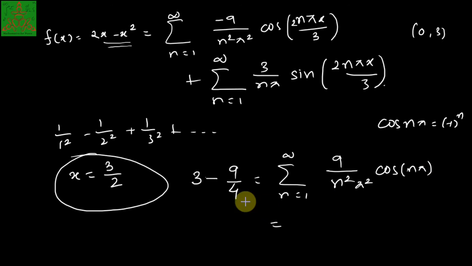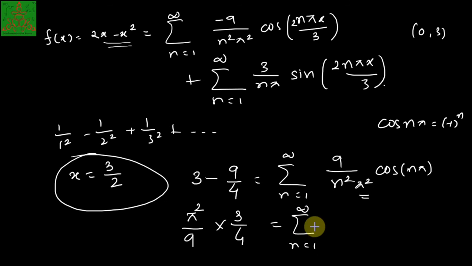So this side you will have 3 by 4, and this 9 goes into the denominator, this pi square goes into the numerator. You will be left here with the summation from 1 to infinity of minus 1 raised to n upon n square, which is exactly this series. And to simplify this quantity, it will be pi square by 12. So that is the requirement to prove the expression.